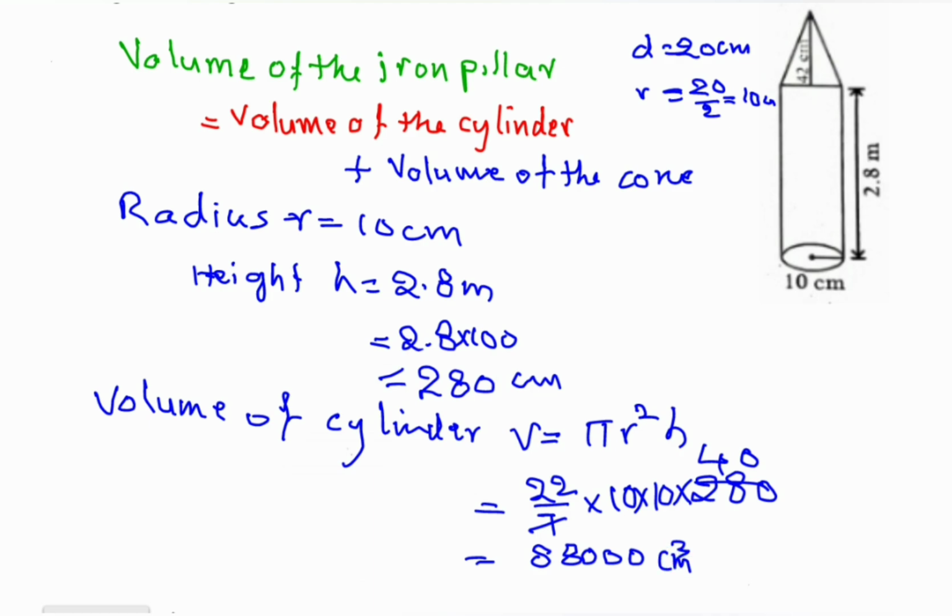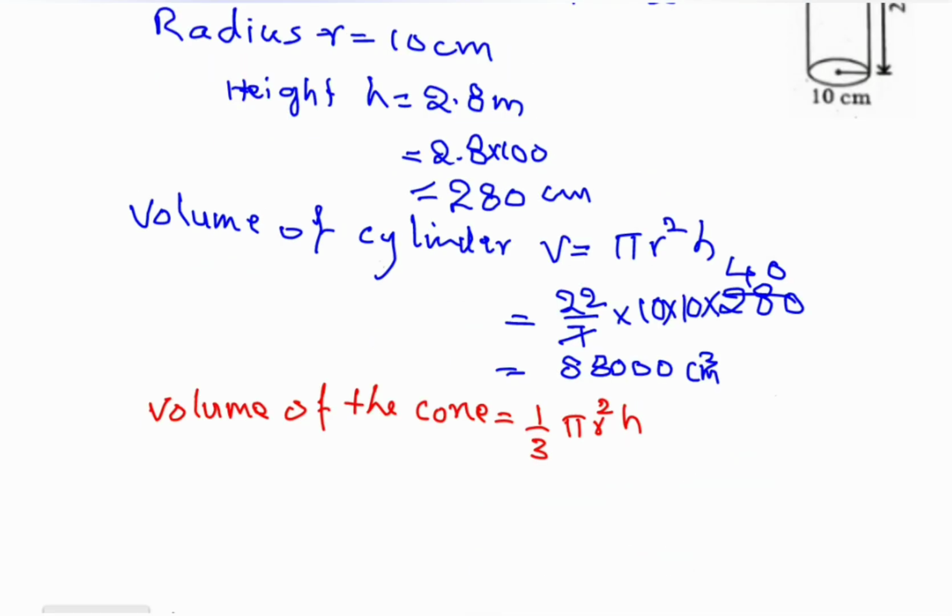This is the volume of the cylinder, and we need to find the volume of the cone. Height of the cone is 42 centimeters and the radius is the same, 10 centimeters. The volume of the cone is 1 by 3 pi r square h.